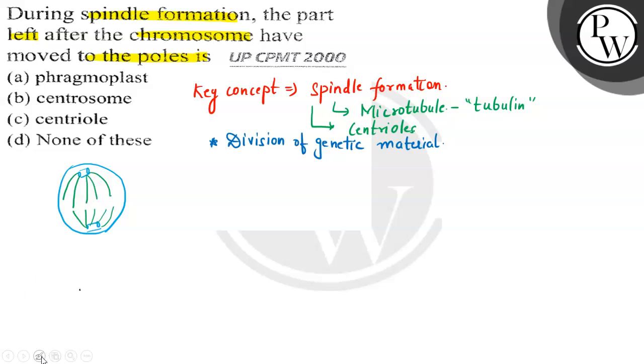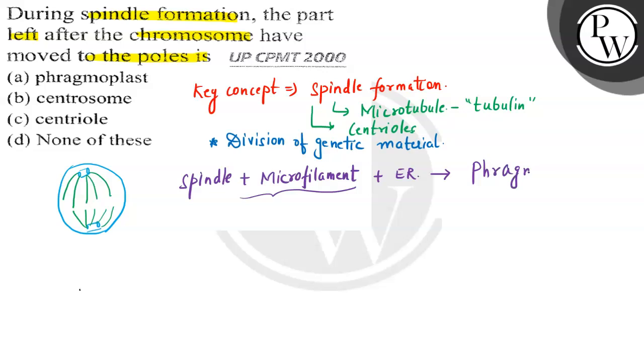If we talk about the leftover spindle fibers, whatever spindle fibers are left will basically combine with microfilaments, and along with ER, that is the endoplasmic reticulum, the combination of all these three will lead to the formation of phragmoplast. And this phragmoplast is basically acting as the precursor of the cell plate.